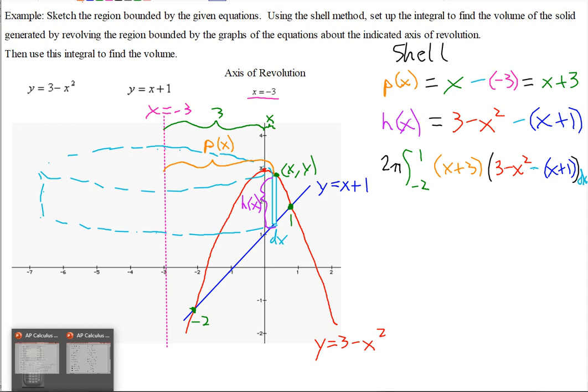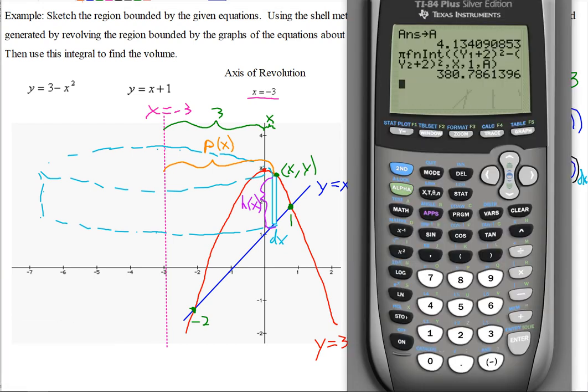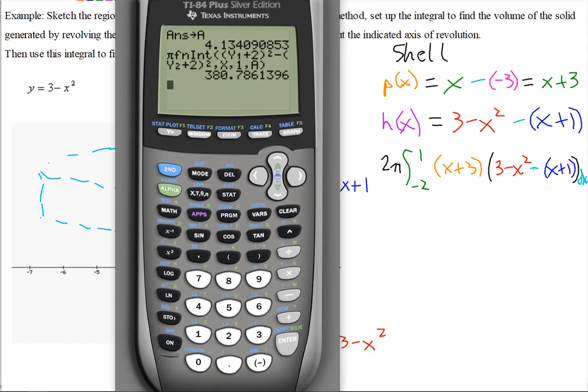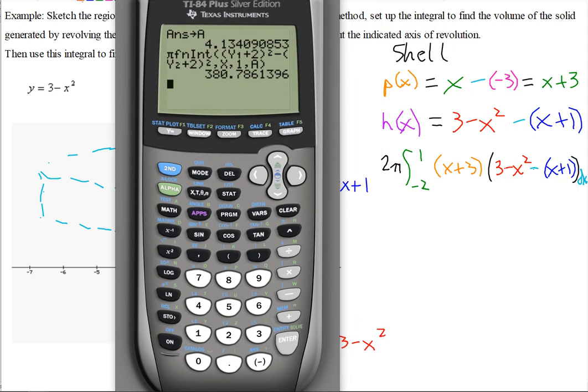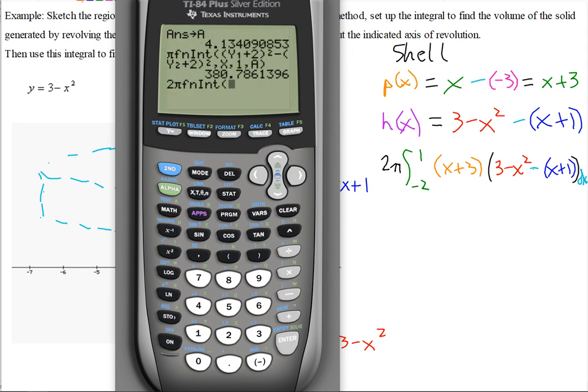So let's go ahead and enter this in our calculator here. So I can quit. This time we have 2 pi on the outside, and math number 9, function integrate. So this time we're integrating open parentheses x plus 3, and then times, open parentheses, this one was y1.